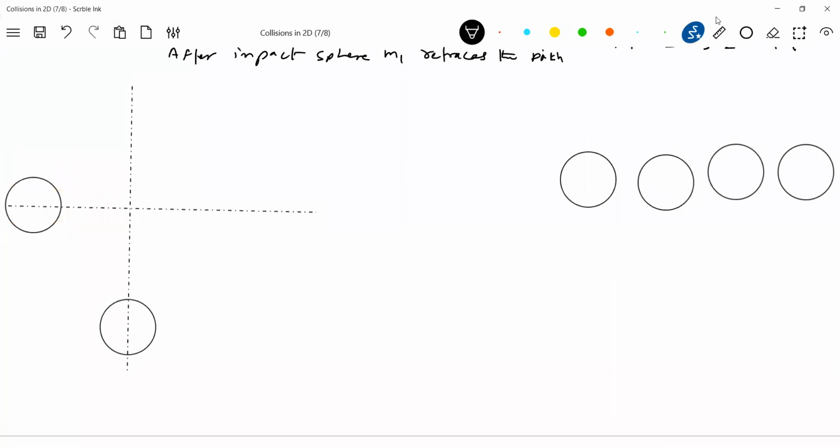These are the two spheres, identical spheres.